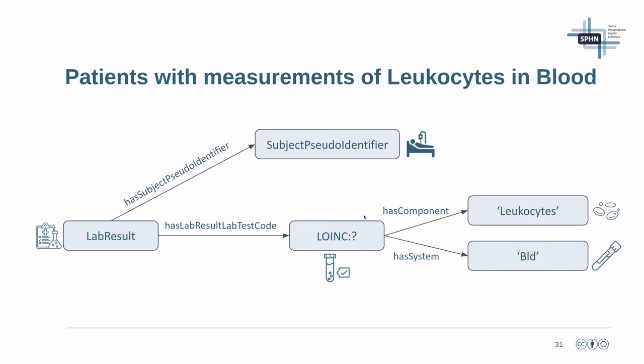LOINC has specific annotations given to the different codes, where we have the has component and has system. So in the LOINC RDF schema, we have a property has component that links to a component, and we also have a property has system that links to blood in this case. And how do we query that? You can see that this is our pattern of interest.